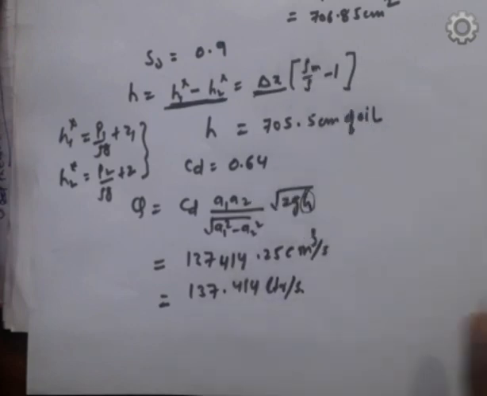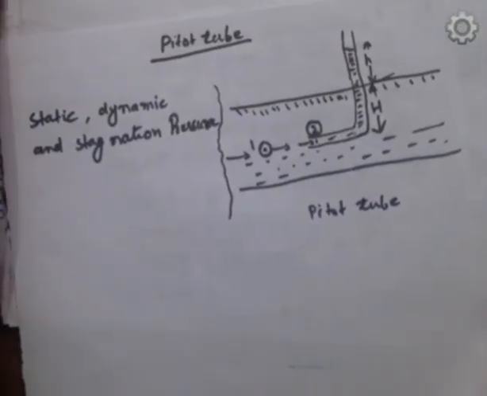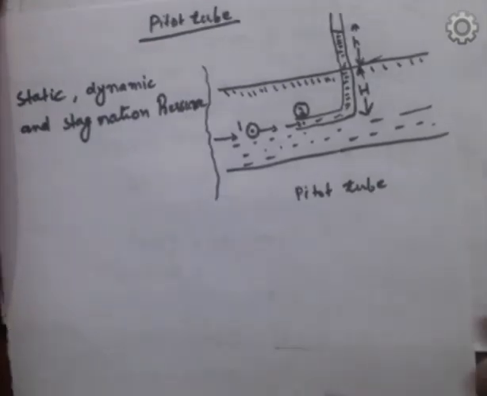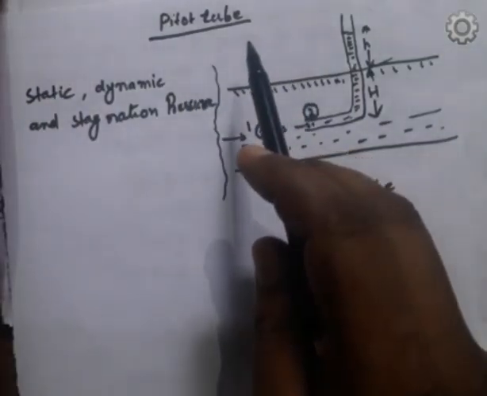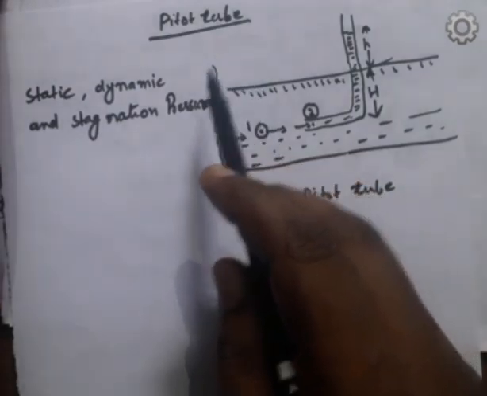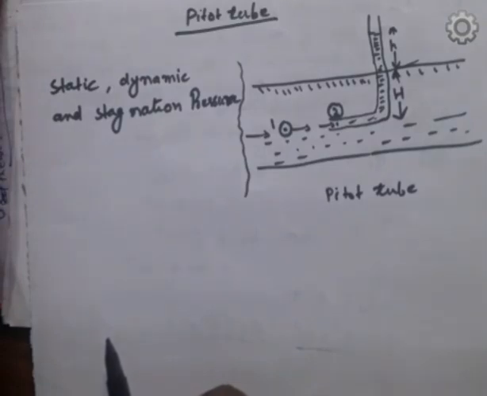Now the other topic comes, that is the Pitot tube. The Pitot tube is the third application of the Venturi meter. So before that, we will study the static, dynamic and stagnation pressure.